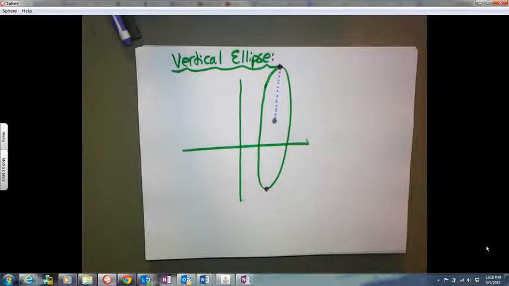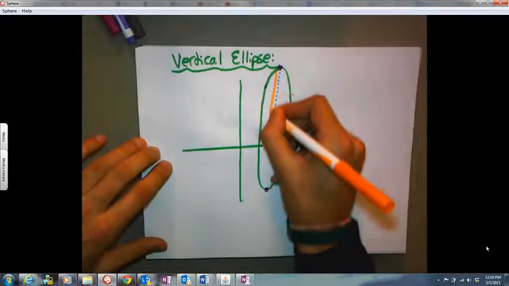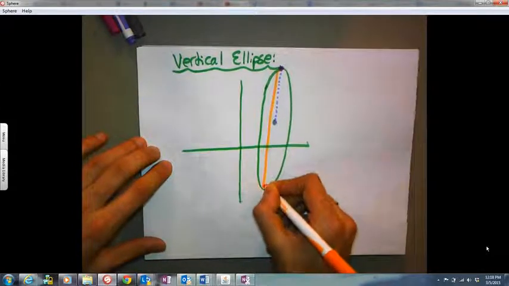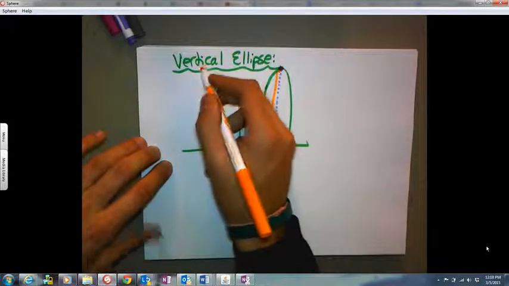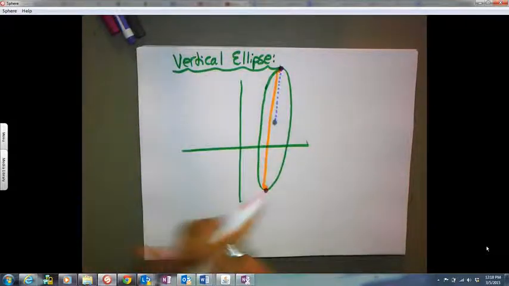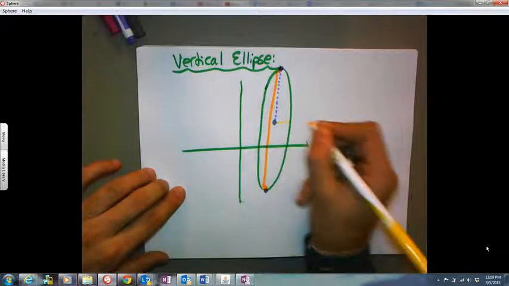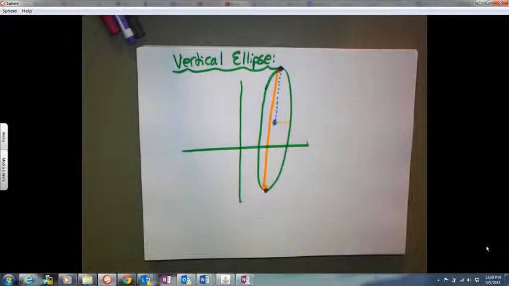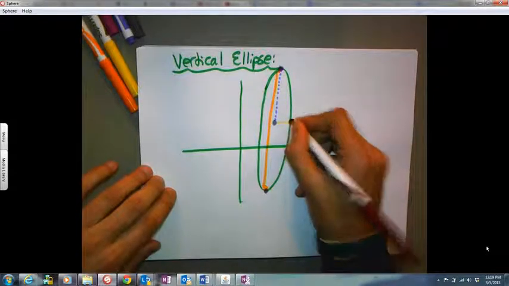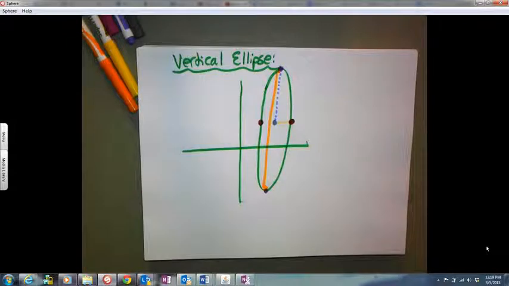Then we have our major axis. This time the major axis is up and down because we have a vertical, not horizontal, ellipse. Then we have our minor radius, our co-vertices, and then, of course, our minor axis.